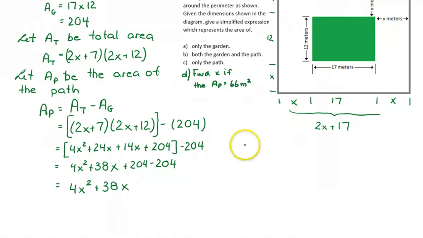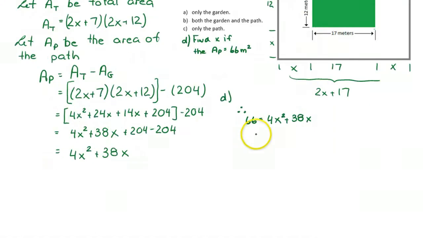So if that was the situation, the first thing I would do is say 66 is equal to 4x squared plus 38x. Then I see now here I have a quadratic. So once I have this quadratic, the next step I'm going to do is try and get my special form. So 0 is equal to 4x squared plus 38x minus 66.